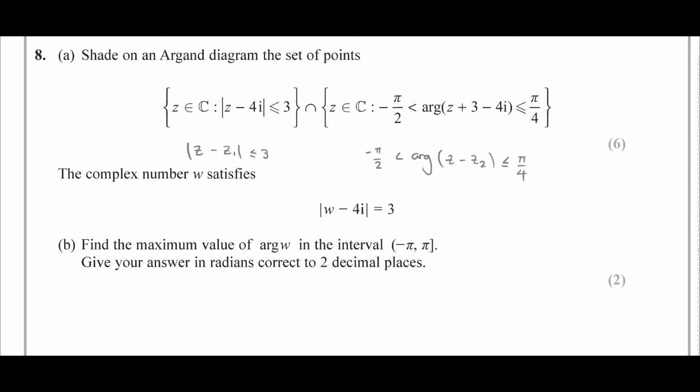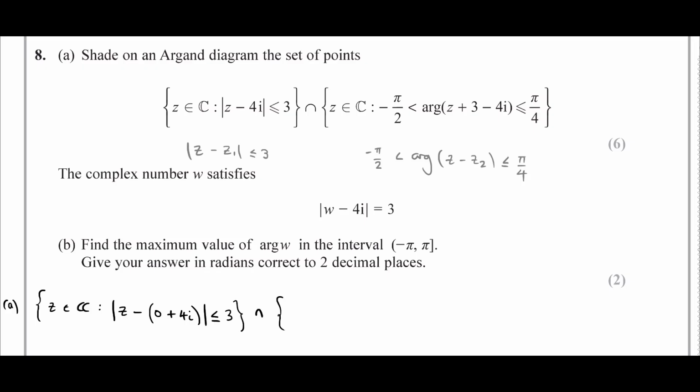So, essentially, if we do the first bit in blue, for part A, for a set of numbers, we have z minus, and then in brackets I will put 0, plus 4i. Okay, this is less than or equal to 3.